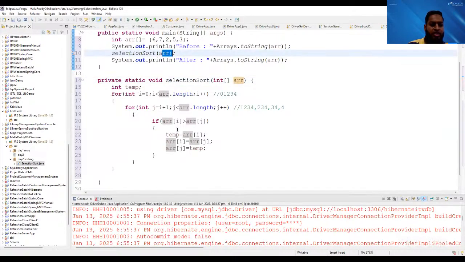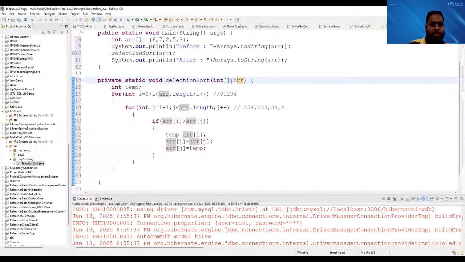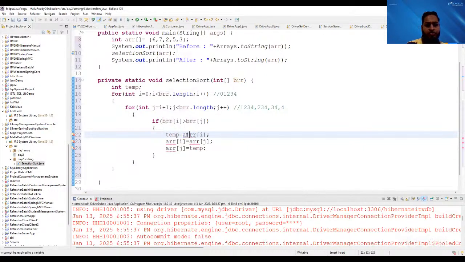So I am swapping the array here in this arr. If I name it brr and modify the brr array, as arrays are called by reference, it will impact the original array. So brr and arr are pointing to the same address.